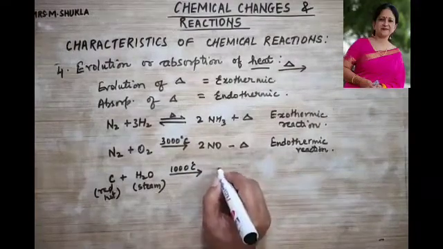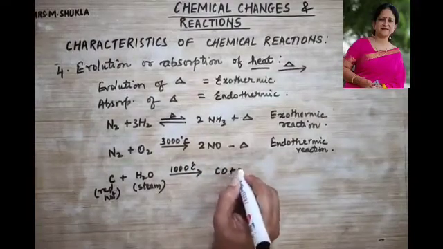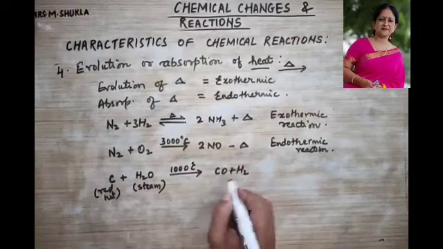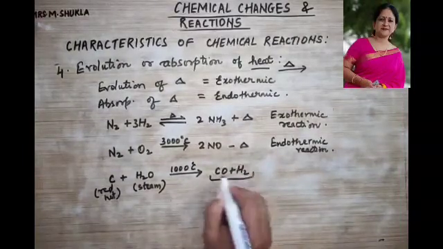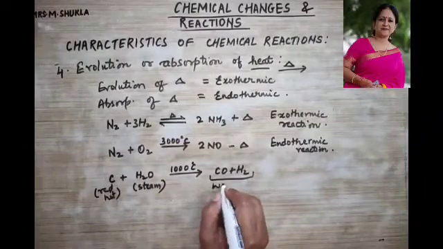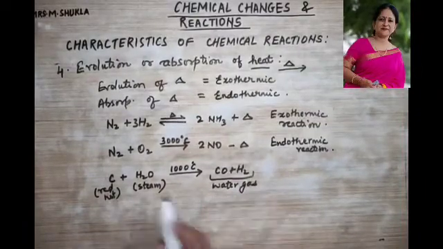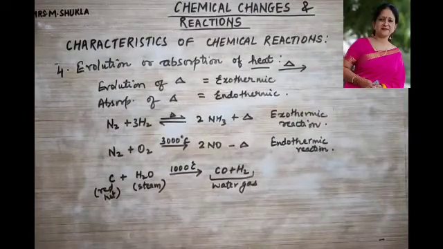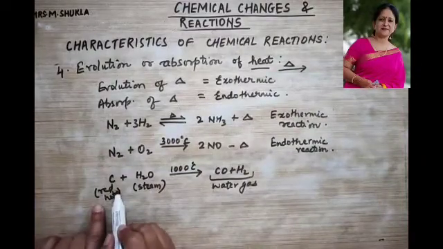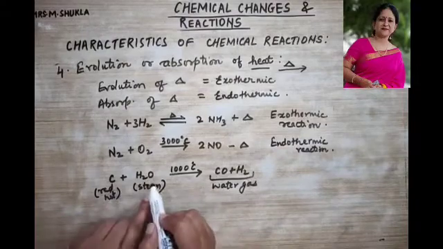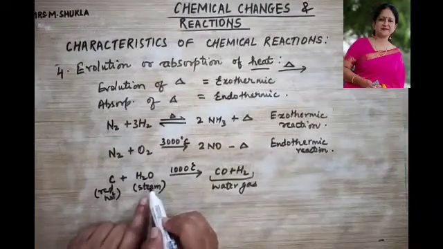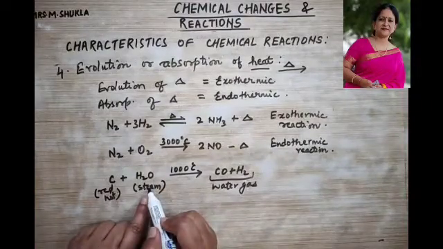So what is it going to form? It will form a fuel gas. What is the name of this? CO plus H2, and this is called water gas. So what kind of a reaction should it be? Such a lot of heat is given to carbon, and then water is also at high temperature, in the form of steam.